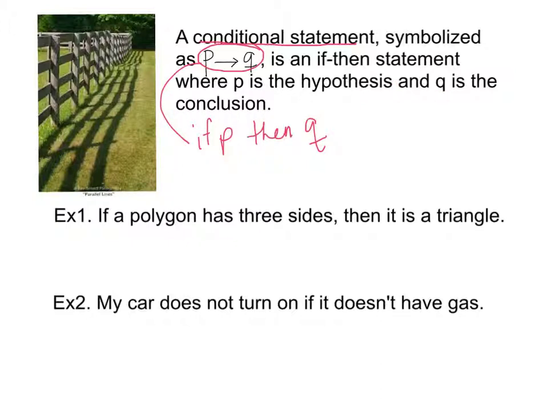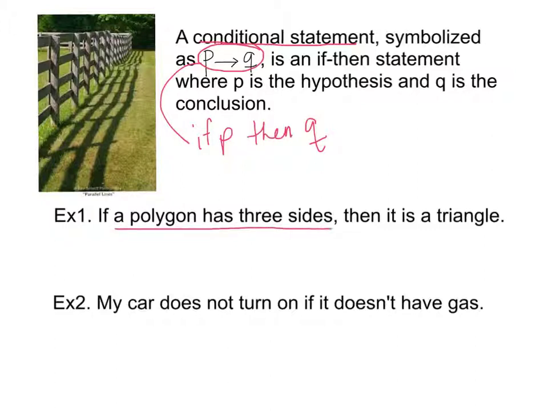Let's see if we can identify the hypothesis and conclusion in a few examples. For example 1, if a polygon has 3 sides, then it is a triangle. So this is already a conditional statement. I can see the if, I can see the then. I know that the event after if is going to be the hypothesis, so I'm going to go ahead and record that.